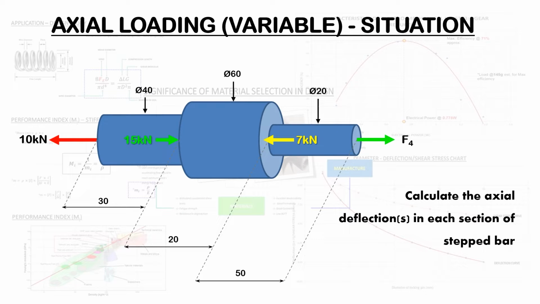So let's look at a situation whereby, unlike the previous examples where we looked at a component being subjected to some form of tensile load, we have a series of loads acting on segments of a component. So in this particular problem, we are being challenged to calculate the axial deflection in each section of the given step bar.